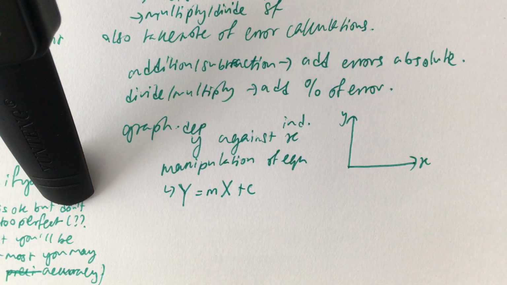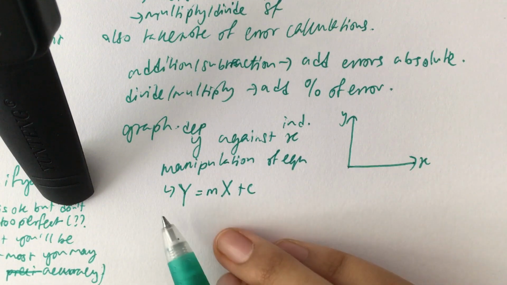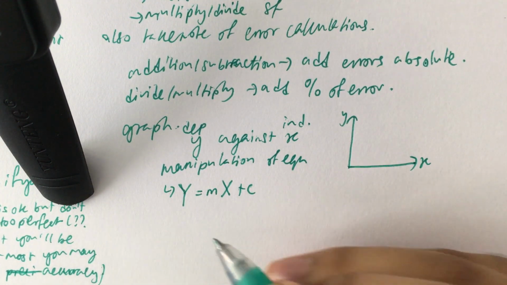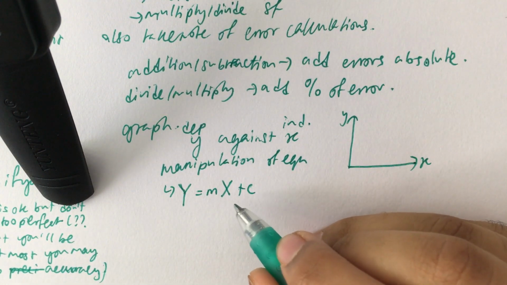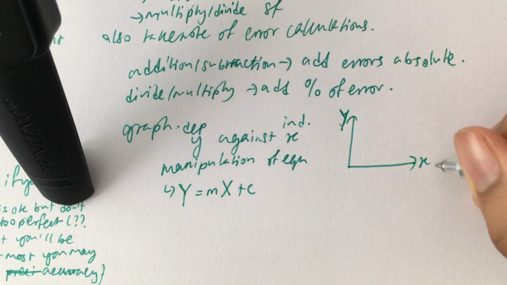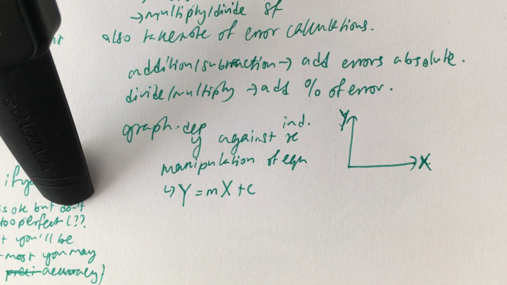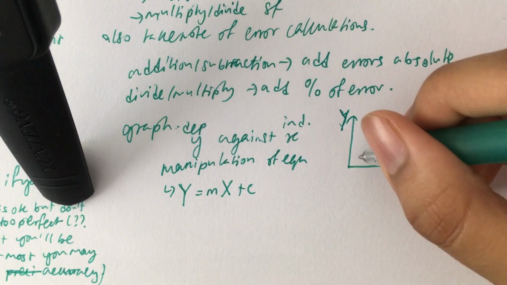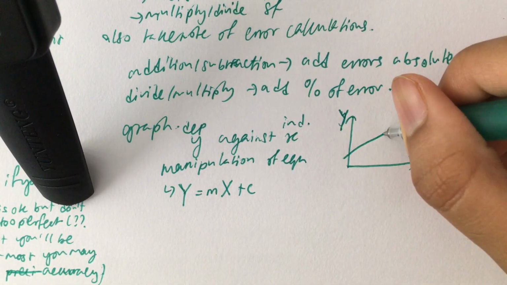So from maths, you can just make sure the equation is represented as big Y equals to m big X plus C. Yeah, so if you know what I'm talking about, then good for you. And m is the gradient, C is the y-intercept or vertical intercept.